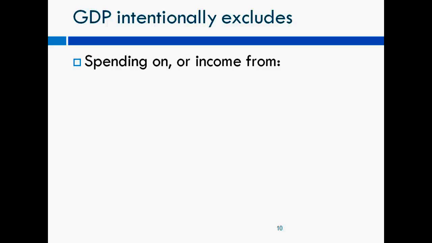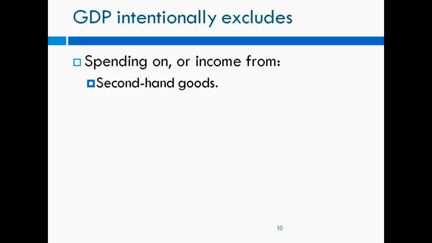Alright, what does GDP intentionally exclude? It doesn't count all spending in the entire economy. Here's what it excludes. It excludes spending on or income from the following. Second-hand goods. Obviously, spending on second-hand goods or income earned from selling second-hand goods is going to be excluded from the GDP calculations.